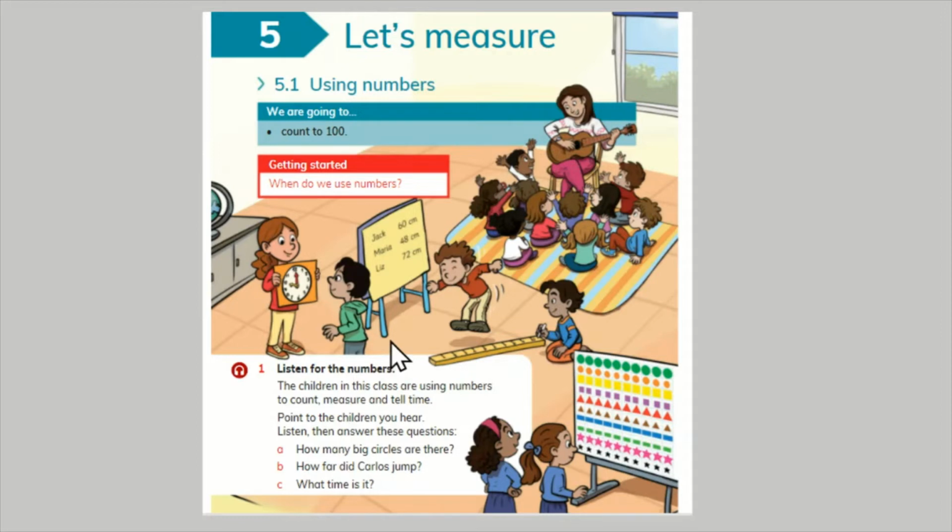Okay, Carlos? Ready, steady, jump! How far did I jump? Just a moment. I'll measure. You jumped 52 centimetres. How many? 52 centimetres. Look at this clock. What time is it? Is it 11 o'clock? No, it isn't. Try again. It's 10 o'clock. Yes, it is.